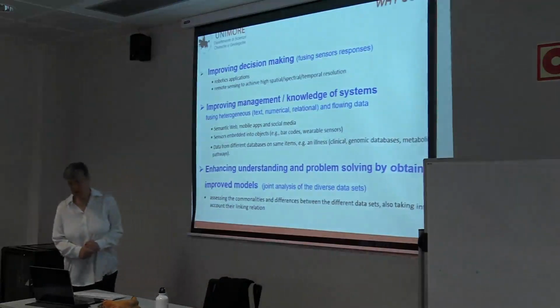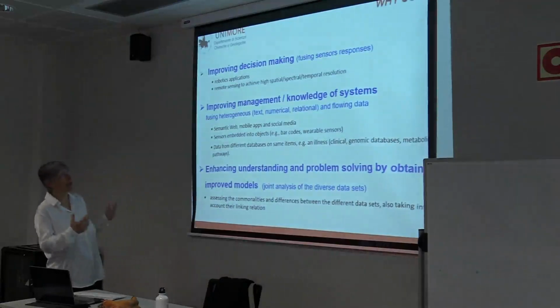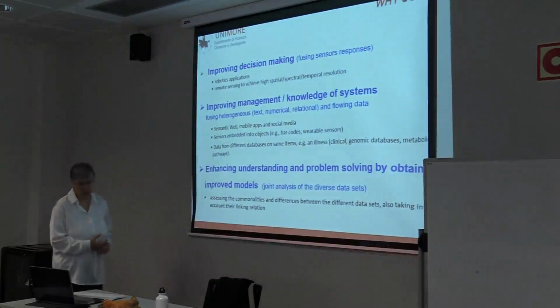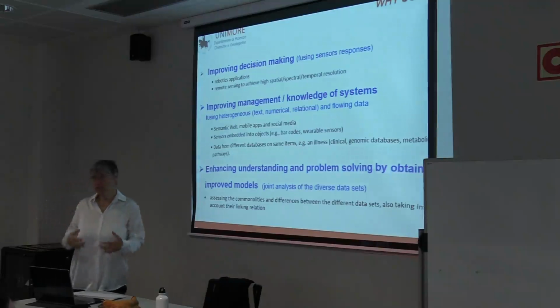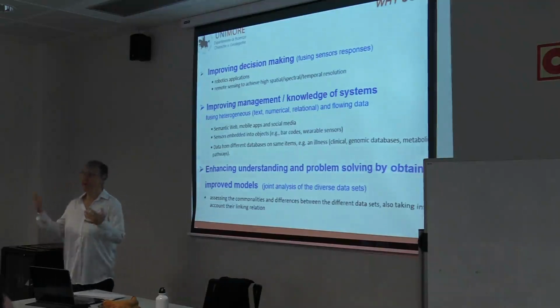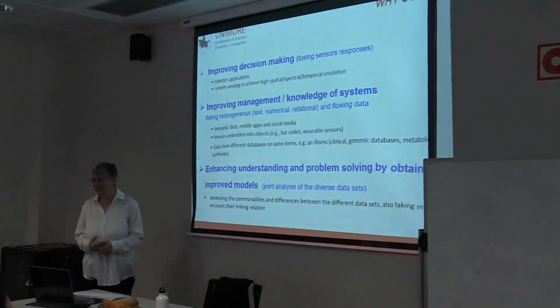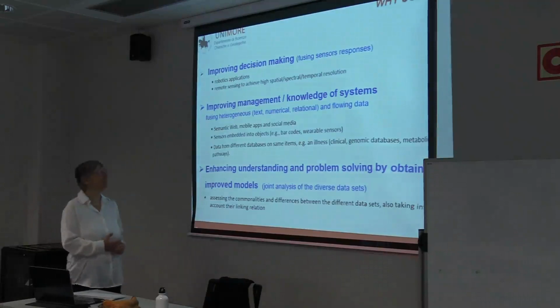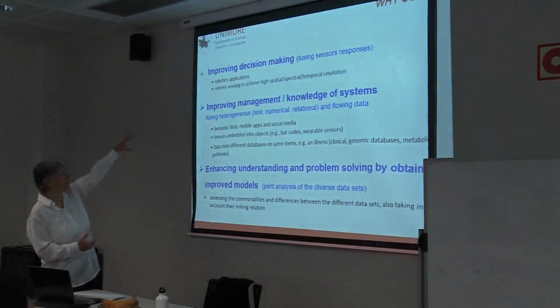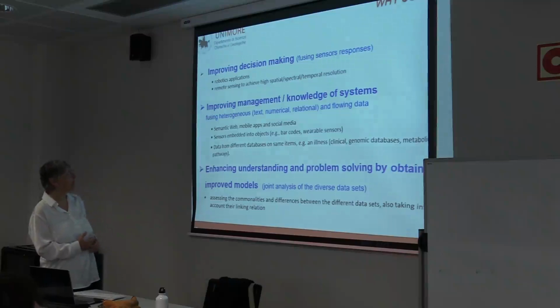Okay, so coming to us, why use data fusion? If you look at what is, in a broad sense, the machine learning community, in this case, the main aim for them is to improve decision making.